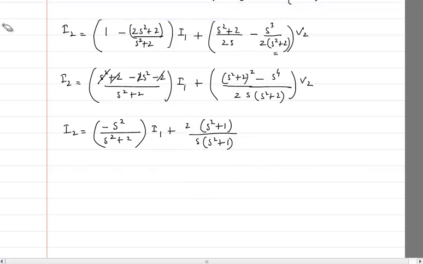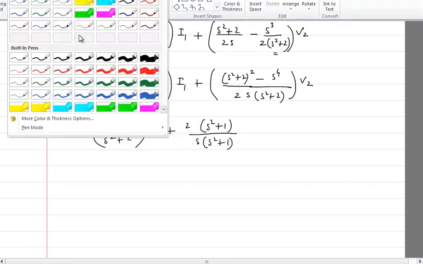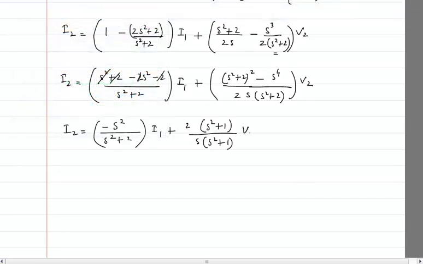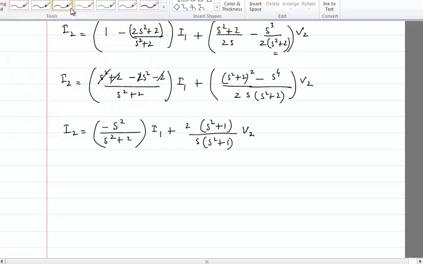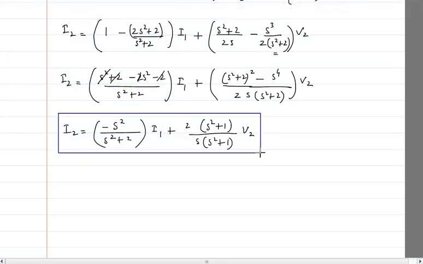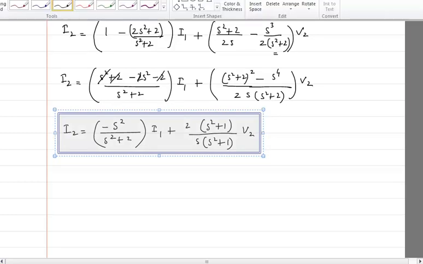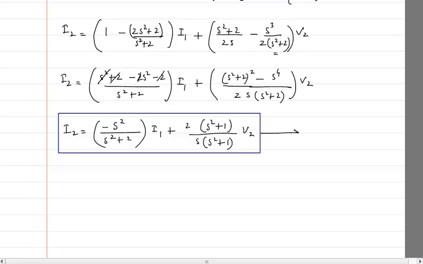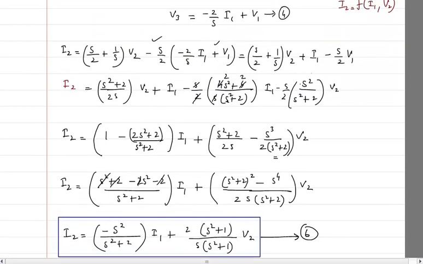Okay, so now I am having the equation as this, and this I can put in bracket. See, always remember you have to reduce the fractions. Always you have to cancel out what is common in numerator and denominator, and that is one of the skills that is required for you to do this. So this was our equation number 6.